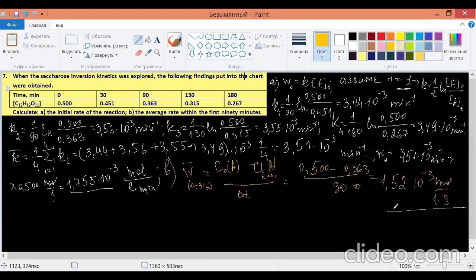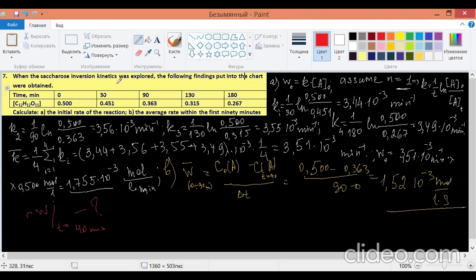It's relatively easy in terms of calculation, but you may be asked to determine the instant reaction rate at a time which isn't included in the chart. It's a very provocative and very difficult question to deal with. For example, determine the instant rate of the reaction at time 40 minutes.